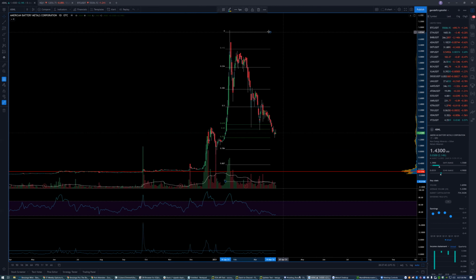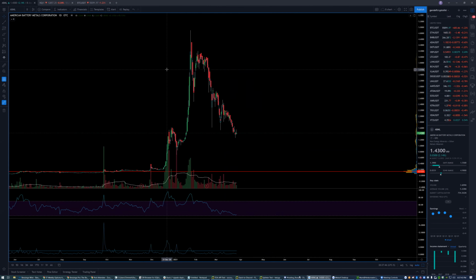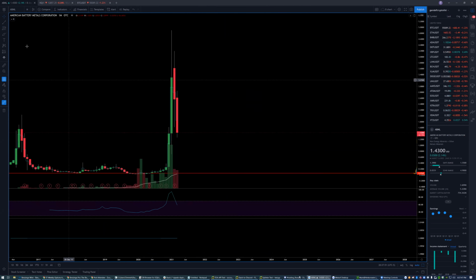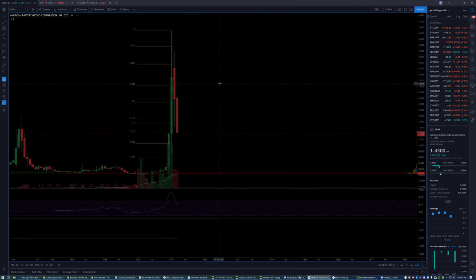Technically still in the golden pocket. Yeah, I think tomorrow on Monday we could add to ABML. And I'm happy with adding this all the way down to every dip. I think this is a great company, has a good future.